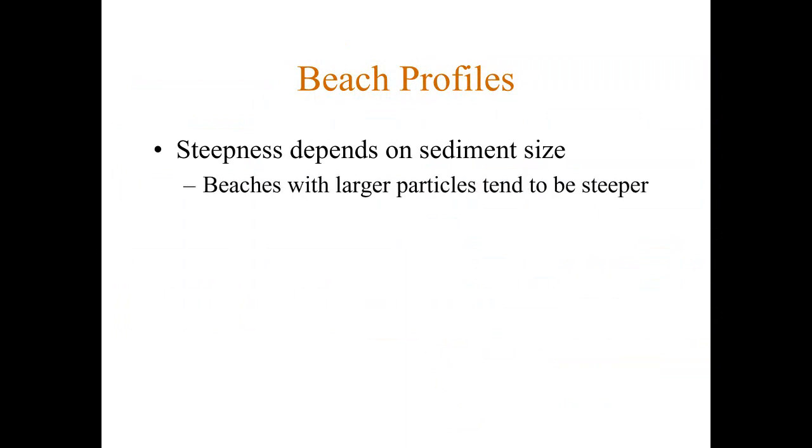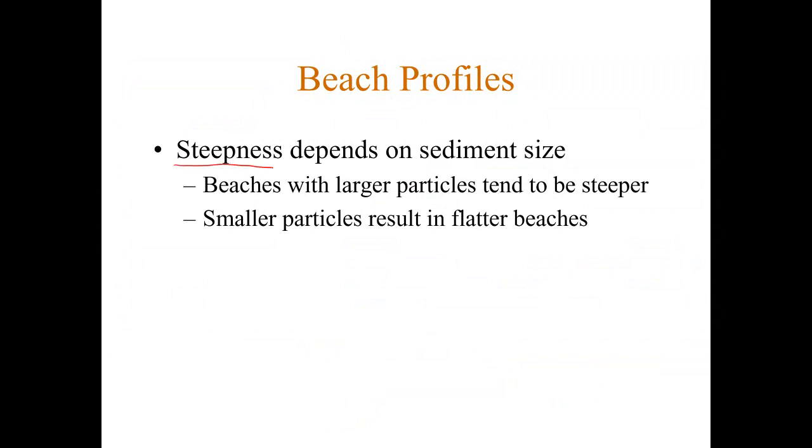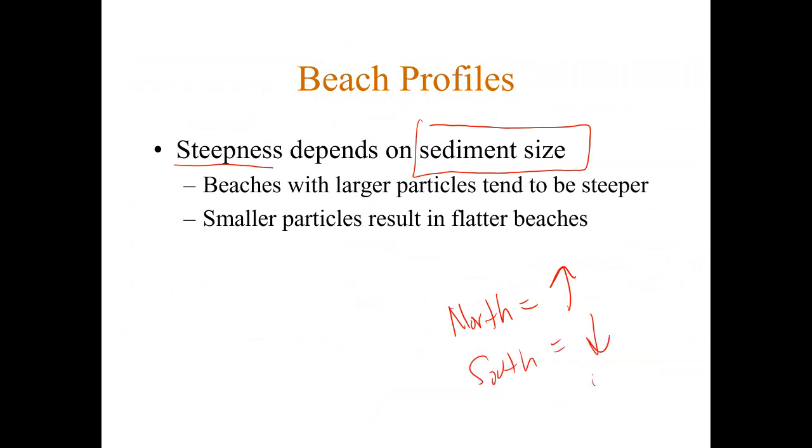Beach profiles, therefore, are going to have a couple of hard and fast facts. Steepness is going to depend, again, like it said, based on season, whether you're in winter or summer, and if you're in an erosion or accretion event, and on sediment size. So you're going to notice along the North Shore that we have an increased sediment size, and this is on Long Island, and on the South Shore, you have a smaller sediment size, similar to sand and cobble.